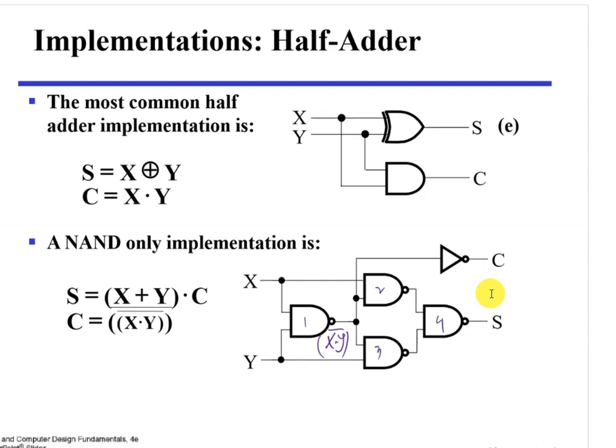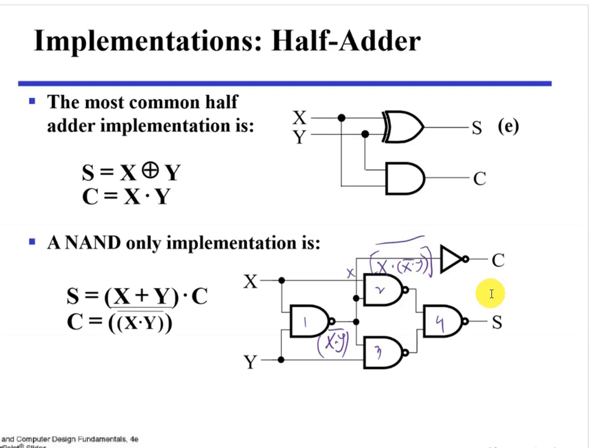So the second NAND gate will have this x and y complement as input, and we have x here as input to this one. So the output of this second NAND gate will be x and (xy)' complemented, so we will have another complement here.